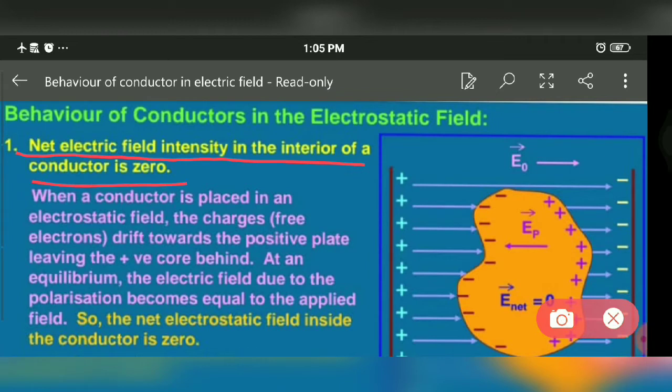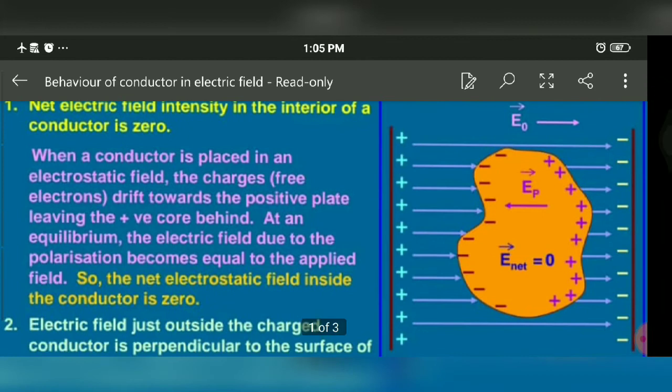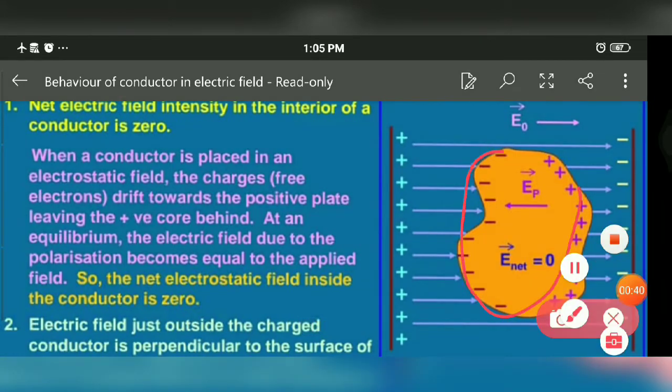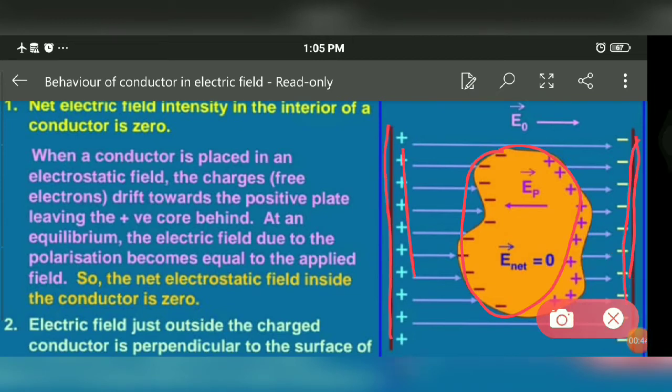First property is net electric field inside a conductor is zero. Now what is the reason behind this? If we place a conductor inside an electric field, say this piece of conductor, between two parallel plates, one positive and one negative, the electric field is from positive to negative. A neutral conductor does not mean it carries no charge; it has equal positive and negative charge.